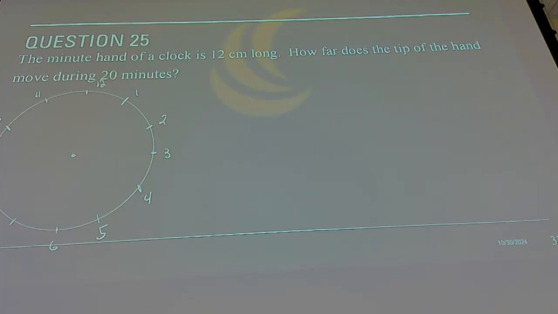And we know it's 12 centimeters. When it passes through 20 minutes, where does the minute hand end? On the 4, right? That's the length we're trying to find. Now we just need to know the angle.